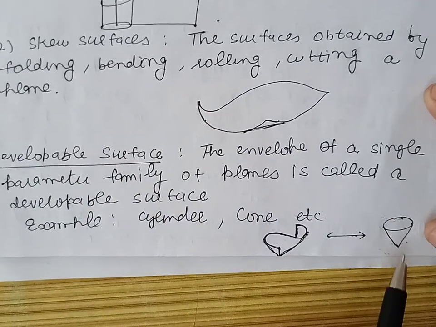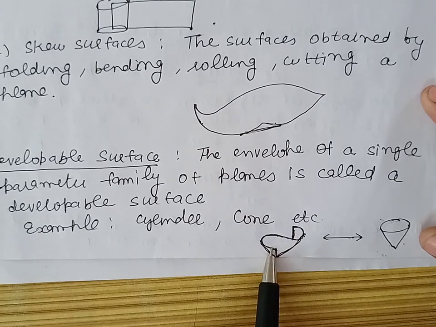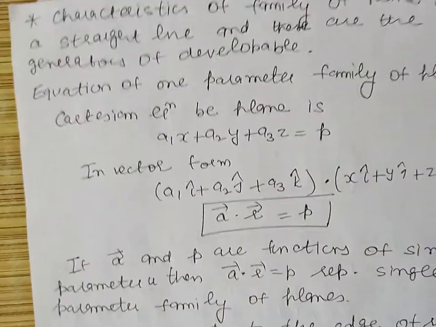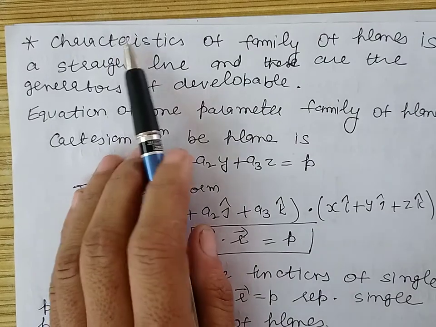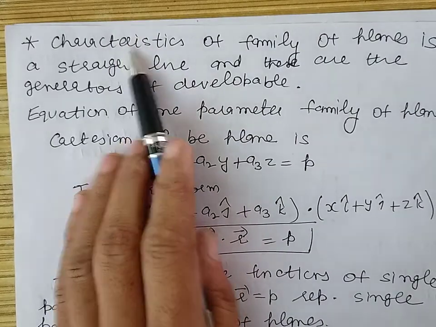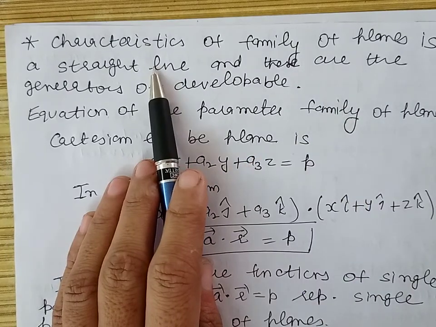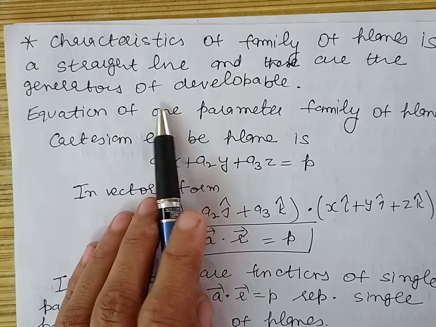You can see here this cone can be unrolled into a plane without any stretching or compressing, so we can say a cone is also a developable surface. Now, the property is that the characteristic of the family of planes is a straight line, and these are the generators of the developable surface.